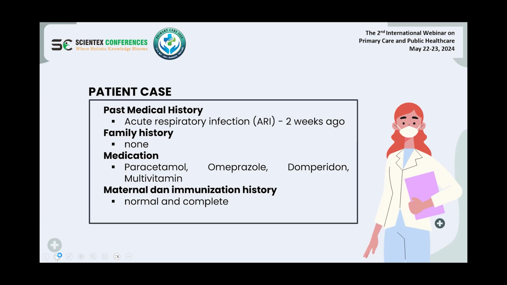He also had taken paracetamol, omeprazole, domperidone, and multivitamin from the clinic 3 days before admission. His prenatal, maternal, and birth history were normal: he was born in the hospital with a normal delivery process at 38 weeks gestation. According to his mother, no congenital defects were reported, and his immunization history was complete.